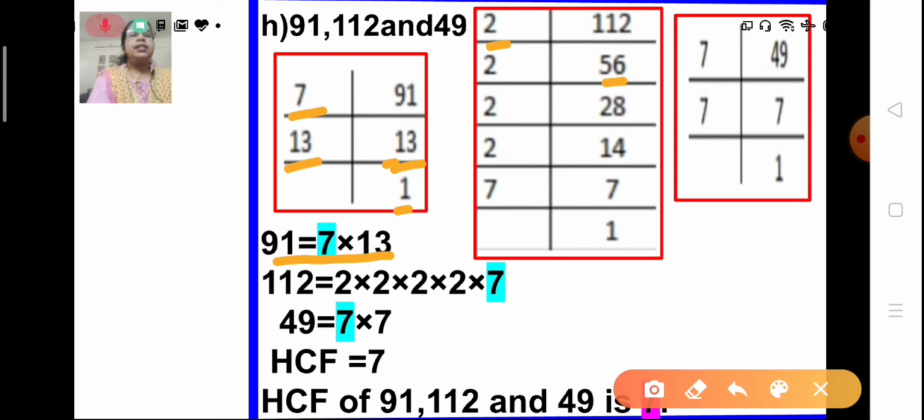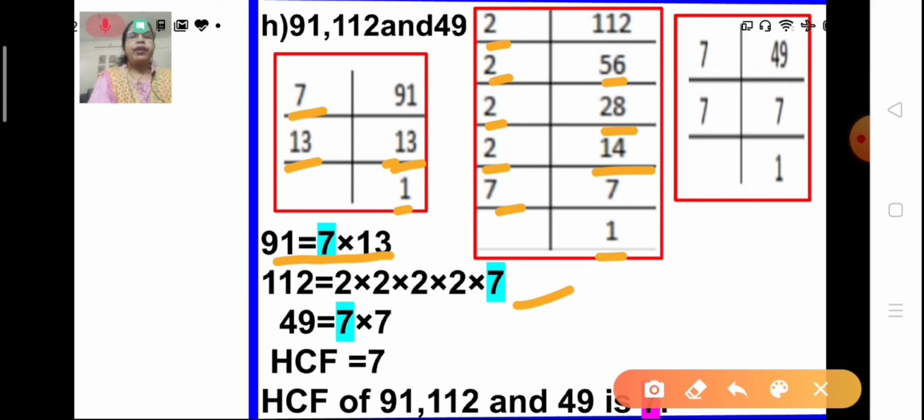And 56 is again divisible by 2. 2 2s are 4 and 2 8s are 16. 28 we are getting. 28 is again divisible by 2. 2 1s are 2, 2 4s are 8. 14 is again divisible by 2. 2 7s are 14. And 7 is a prime number divisible by itself. 7 ones are 7. So what is the prime factorization of 112? It is 2 into 2 into 2 into 2 into 7.